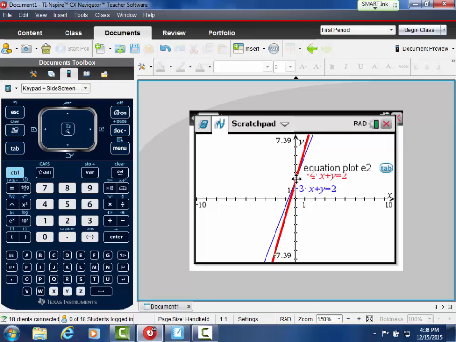We can see that both lines intersect each other right here at 0, 2. And then I noticed that the slope of the red line is steeper than the slope of the blue line. So I could say -4x plus y equals 2 is more steep than -3x plus y equals 2. Okay, those are some ways that you can compare two equations or two lines.